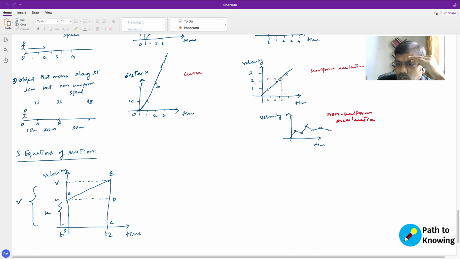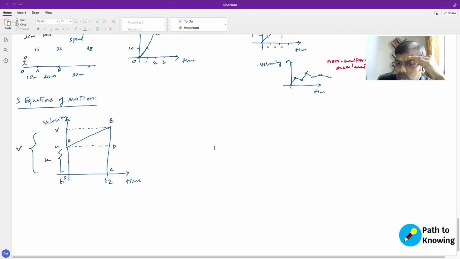Now, using this graph, using what we have just called here, we'll derive the equations concerning acceleration, distance, and velocity, right? So what is acceleration? How do we calculate the acceleration from here? We know that acceleration is equal to the rate of change of velocity, which is the change in velocity over time.